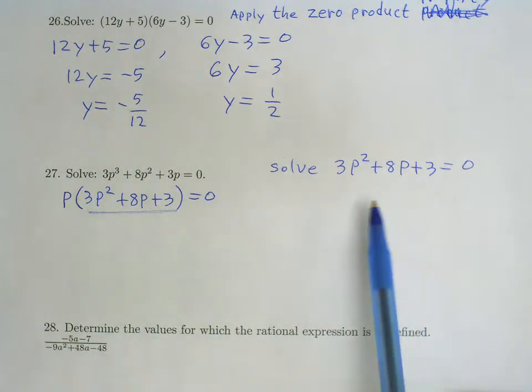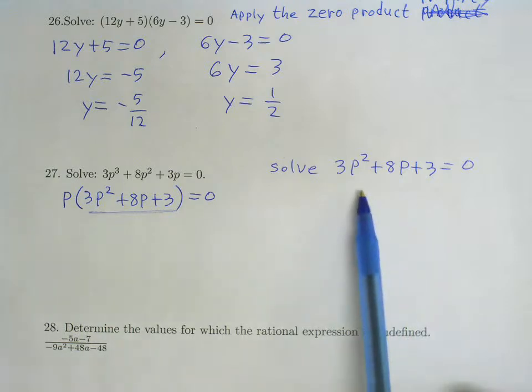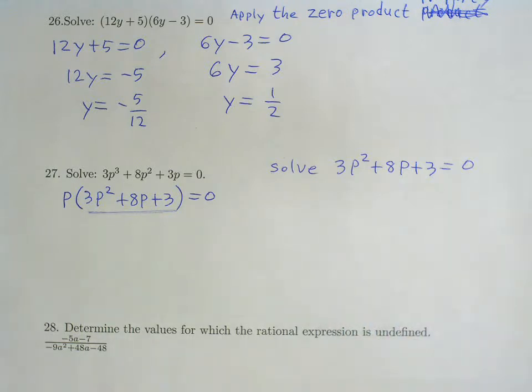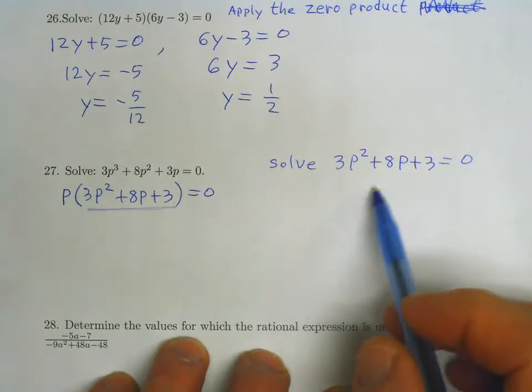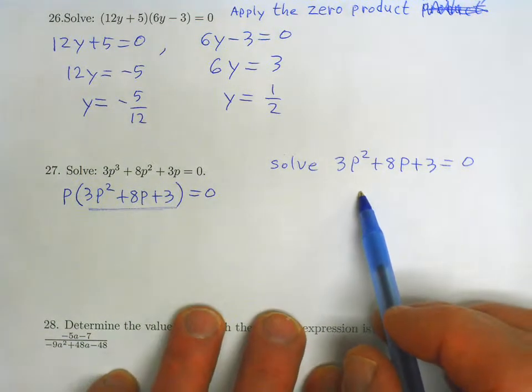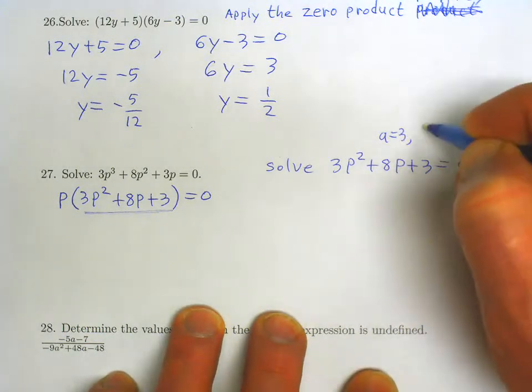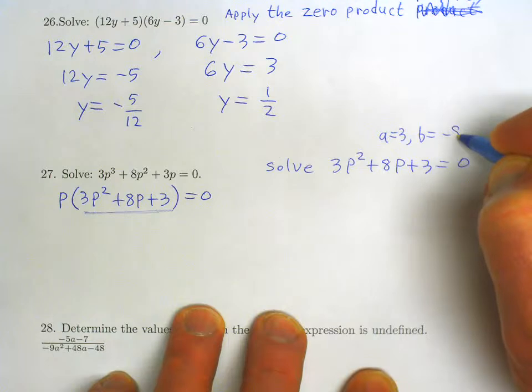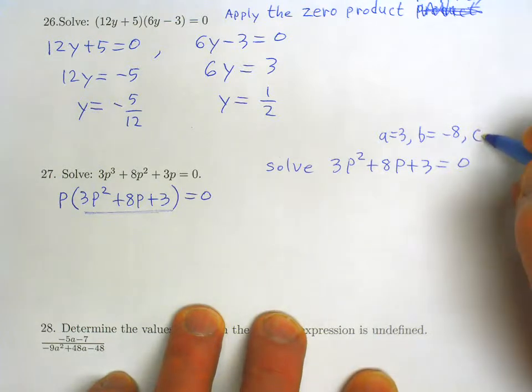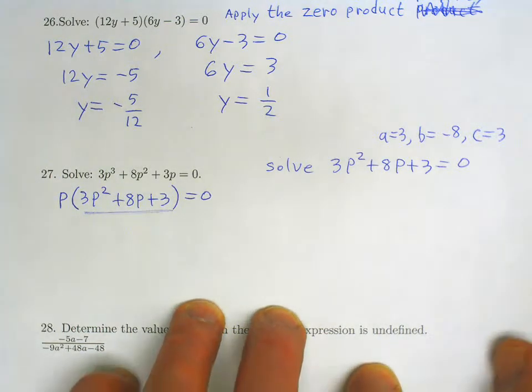Okay, we have the quadratic formula. So let's use the quadratic formula on this one, where a is 3, b is 8, and c is positive 3.